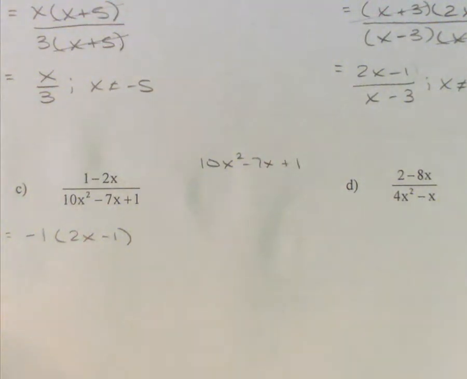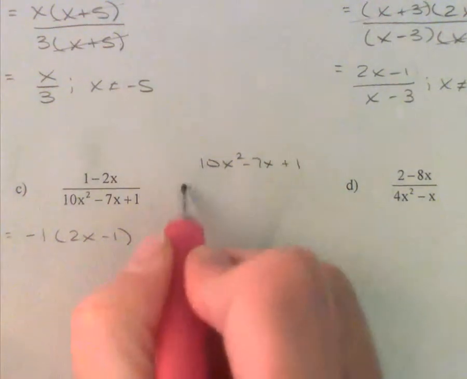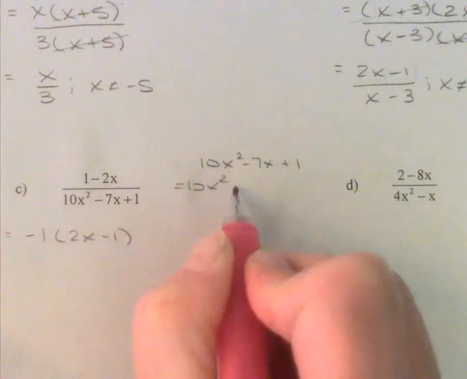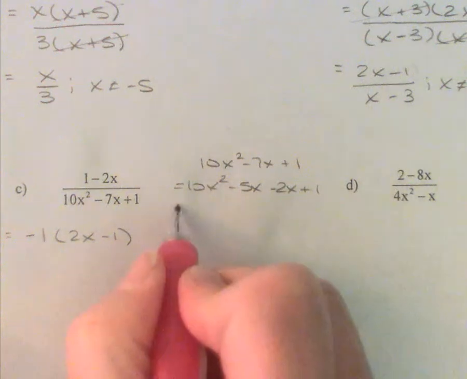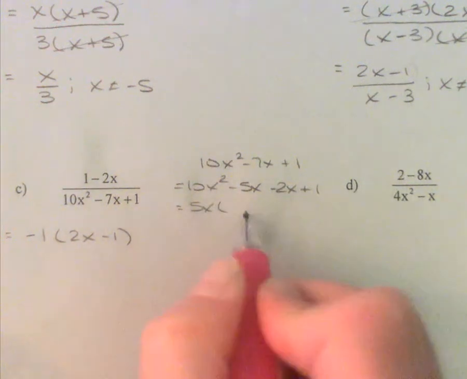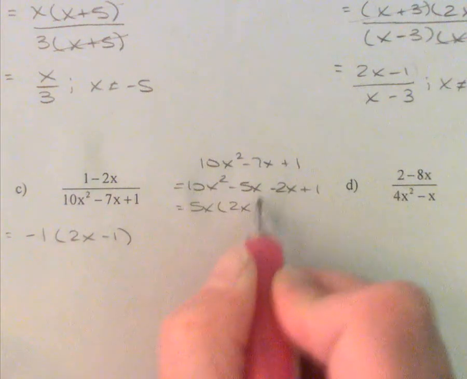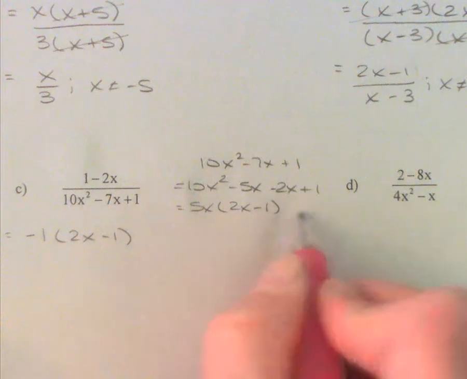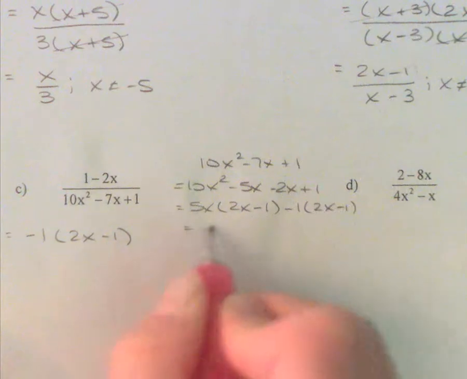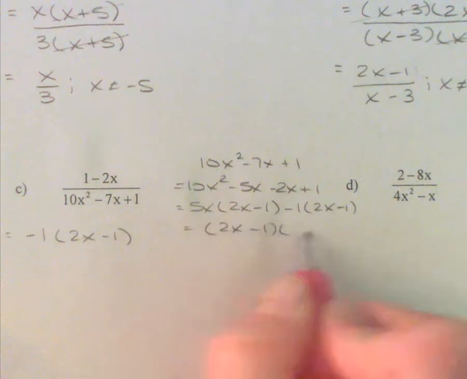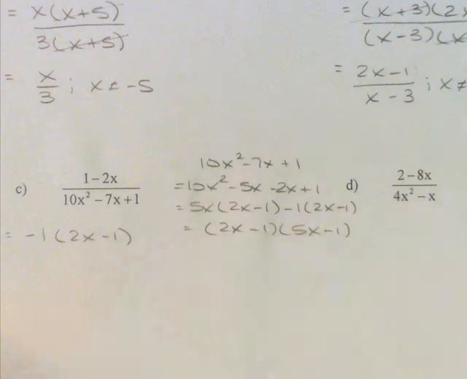So I'm looking for two numbers that work. So I'm going to get 10x squared minus 5x minus 2x plus 1. I can factor out a 5x. I'm left with 2x minus 1. I can factor out a minus 1. I'm left with 2x minus 1. And I have 2x minus 1, 5x minus 1.